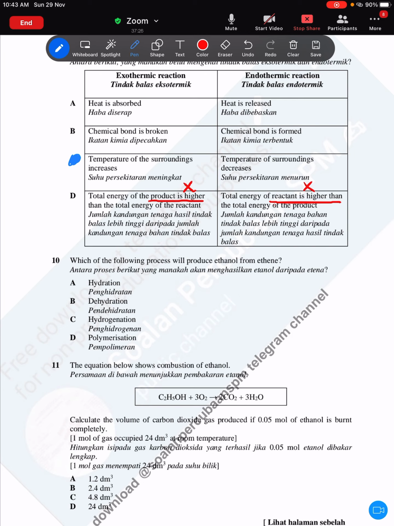Okay, which of the following processes will produce ethanol from ethene? You have ethene and ethene becomes ethanol. So it is a hydration. You plus water. Plus water. What is the condition? Who remembers? Who still remembers the condition?